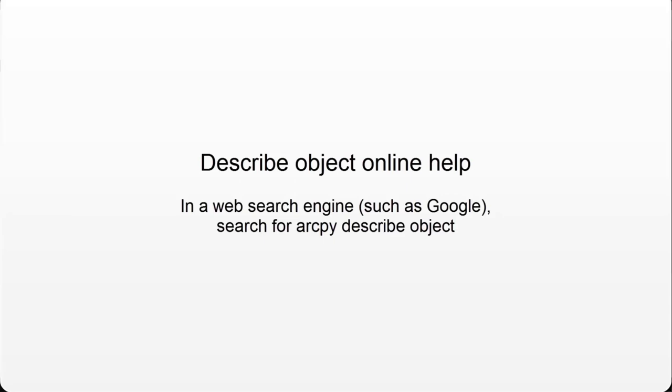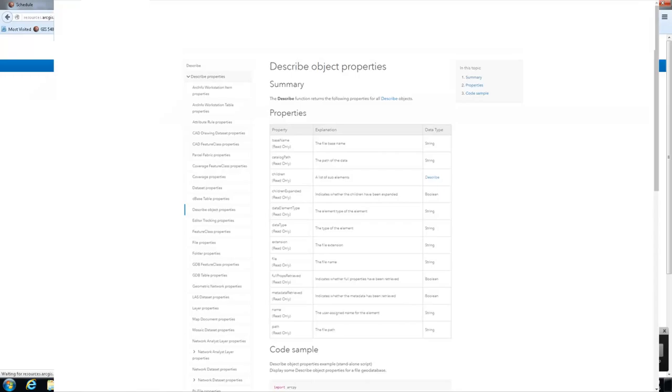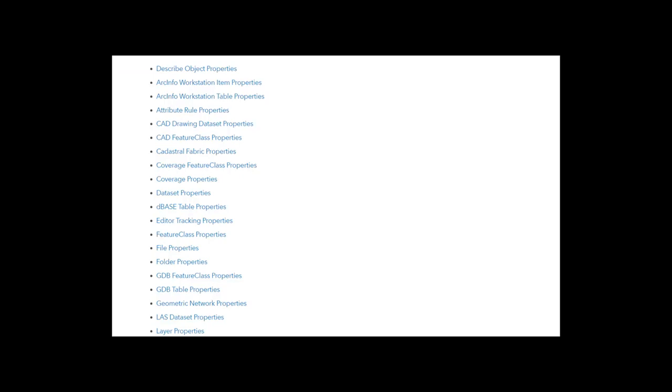If you search online with key terms "describe object arcpy", the summary page shows you all of these properties that are common to any dataset. There's a link from the summary page to another page that contains a list of all of the data types with their links to individual pages. So it's a long list of links.